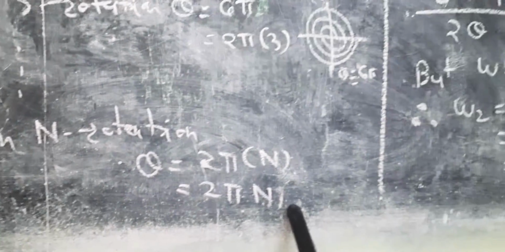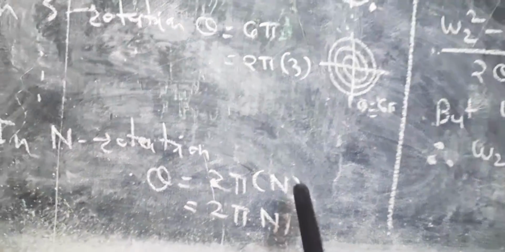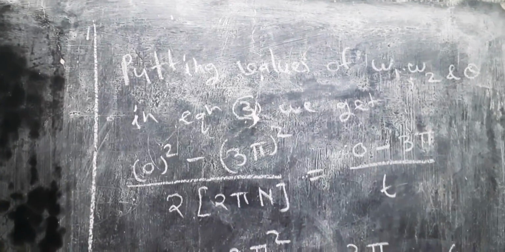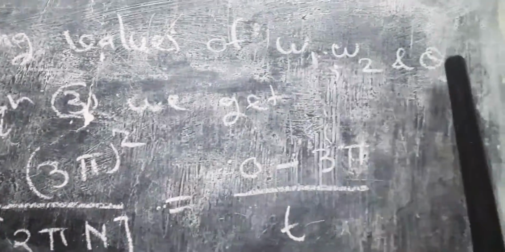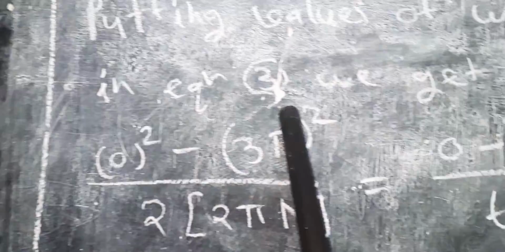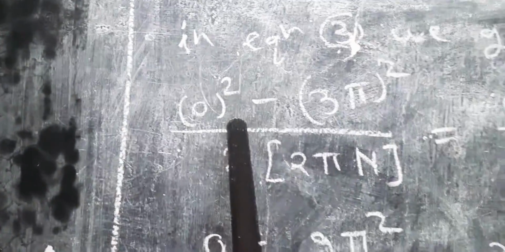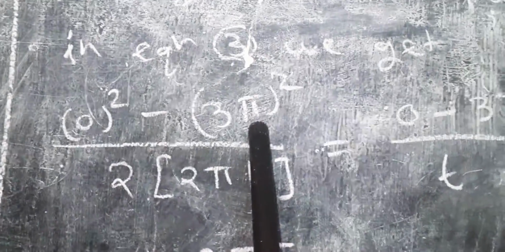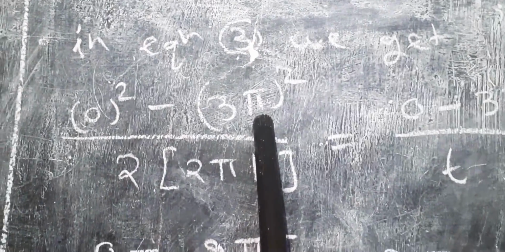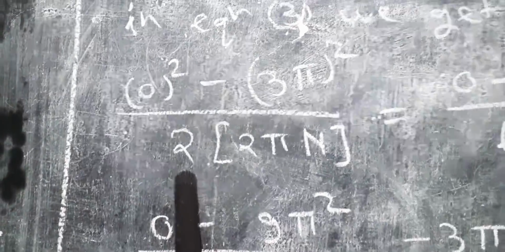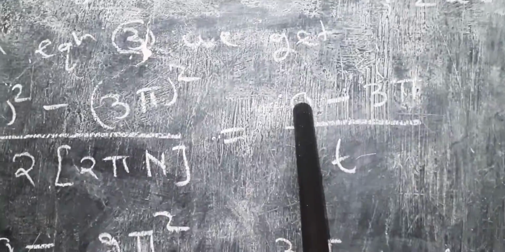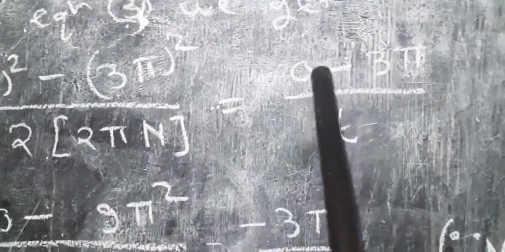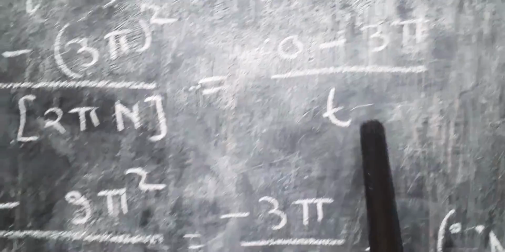Putting these values in equation 3, we get: in place of omega 2 we write 0 square minus omega 1, that means (3 pi) square, upon 2 theta, that means 2 into 2 pi into capital N, is equal to (omega 2 minus omega 1) upon t, that means (0 minus 3 pi) upon t.